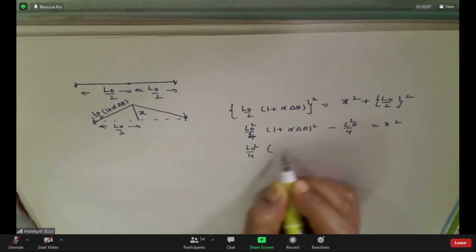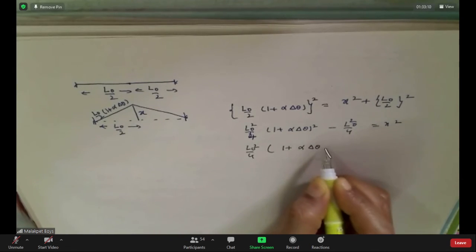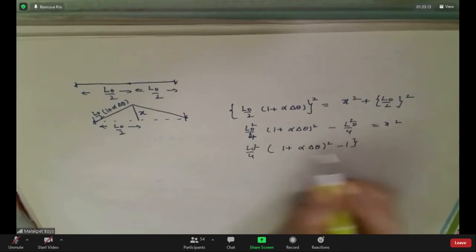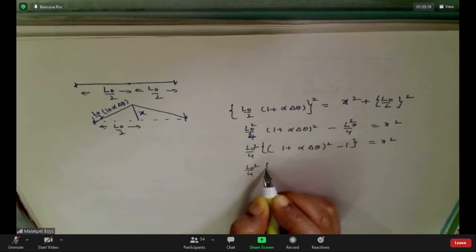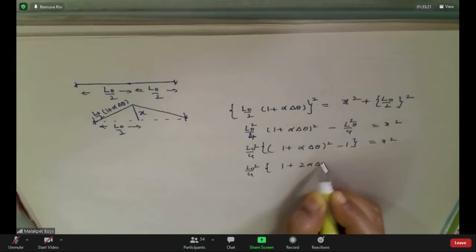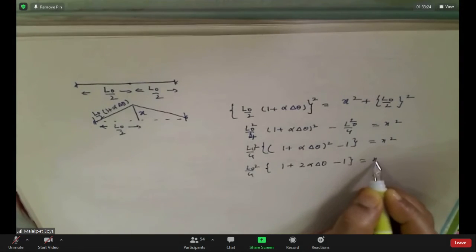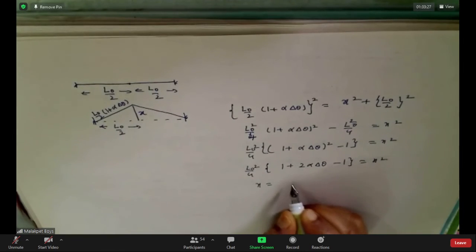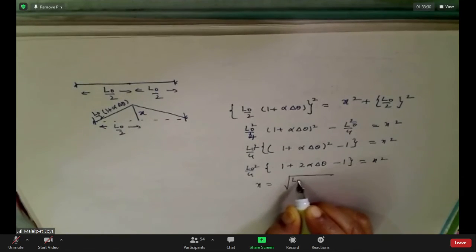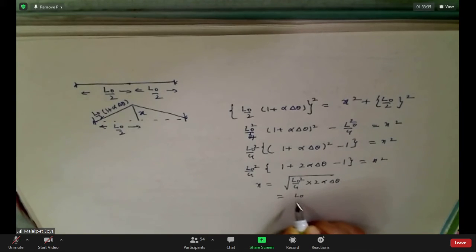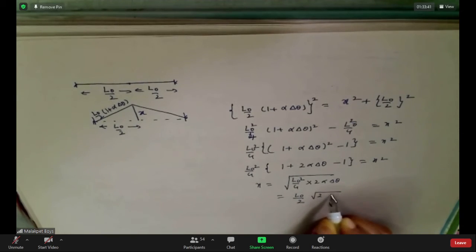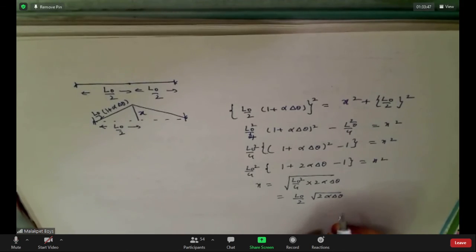L naught square by 4 into 1 plus alpha delta theta whole square minus 1 is equal to x square. I can use the binomial theorem for this, no? If you take x common, what you will get? Under root of L naught square by 4 into 2 alpha delta theta. L naught by 2 under root of 2 alpha delta theta. Okay? All values are given now.